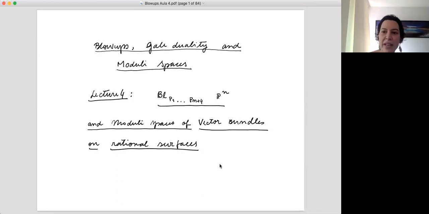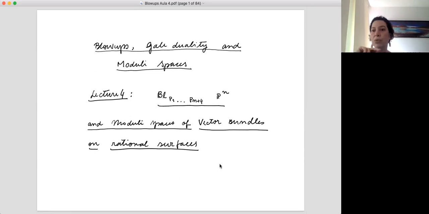Okay, so today is the fourth lecture of the mini course about blowups, Gale duality, and moduli space. And we are going to discuss the moduli space of the blowup of Pn in n+4 points. So this variety can be realized, as we will see today, as the moduli space of vector bundles on certain rational surfaces.